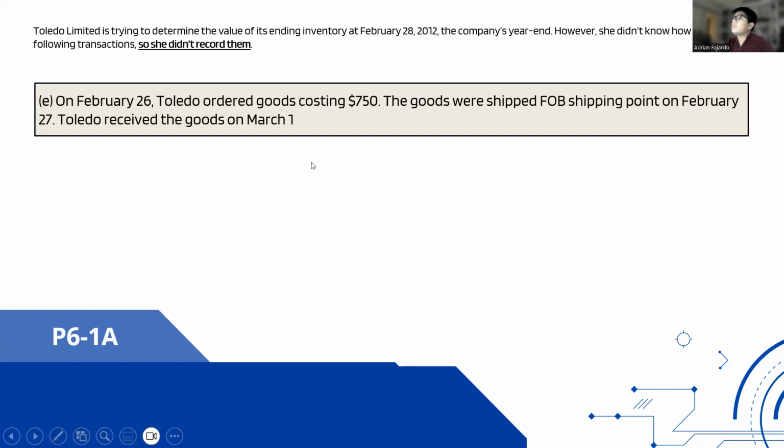Okay, next. Nag-order tayo ng goods costing 700. Nag-ship raw ng shipping point on February 27. So again, today is February 28. So nag-order tayo. Pag nag-order, anong POV? Our POV is from a buyer perspective. Shipping point.